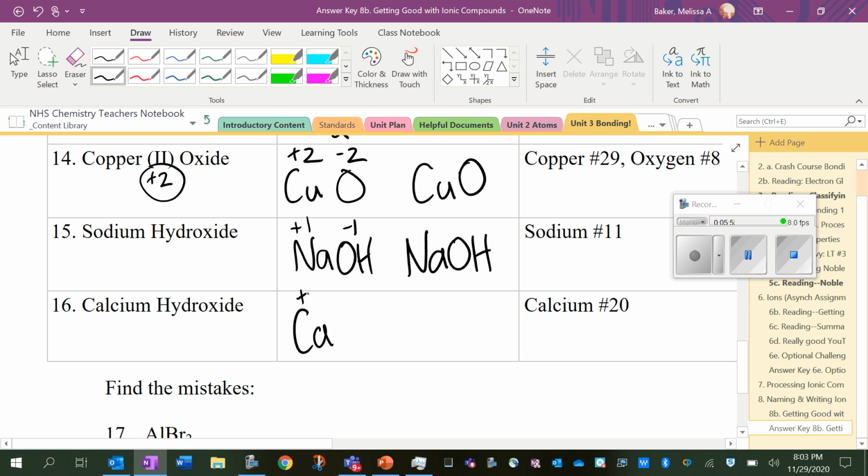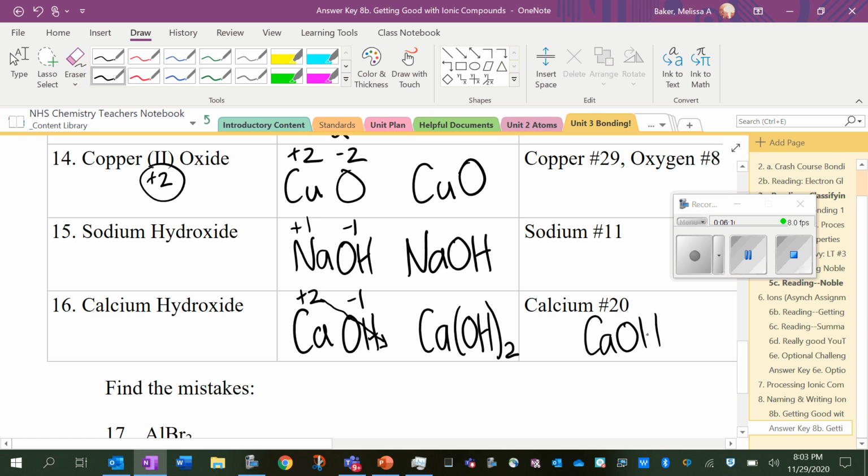Calcium's got a +2, and again, it's with hydroxide. But this is interesting because when you crisscross this 2, you're really trying to say 2 of the entire polyatomic ion. So you need to put it in parentheses. Look what would happen if you didn't put it in parentheses.